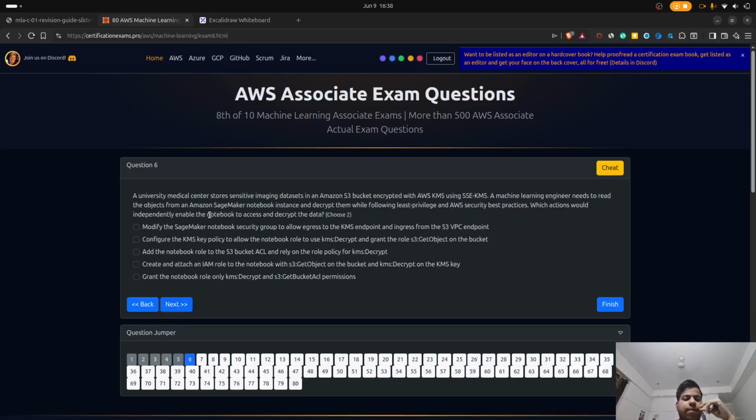A university medical center stores sensitive imaging datasets in an Amazon S3 bucket encrypted with AWS KMS, SSE-KMS. KMS, for your information, is Key Management Service.